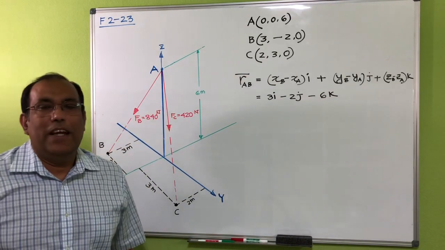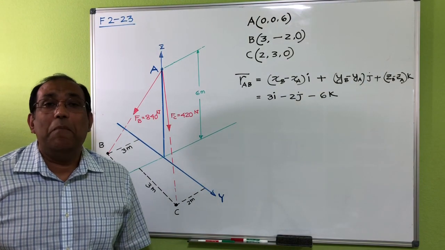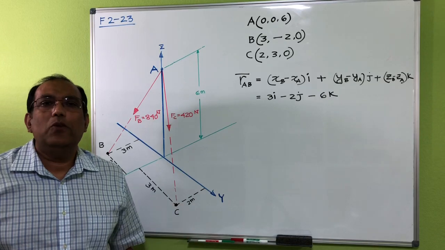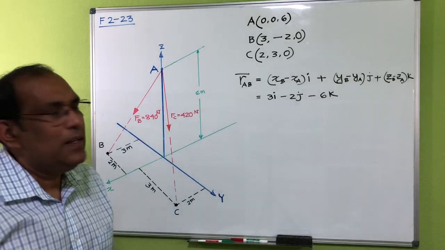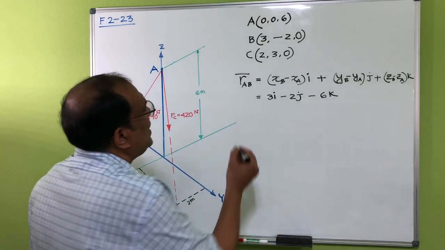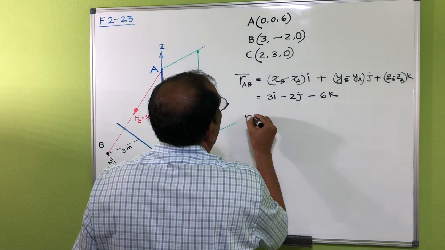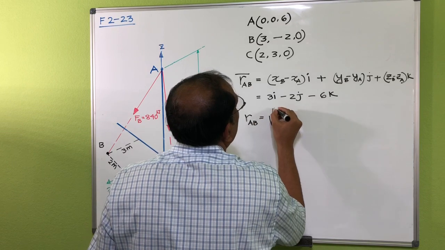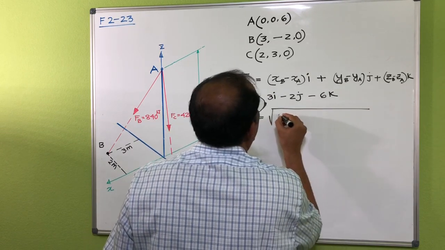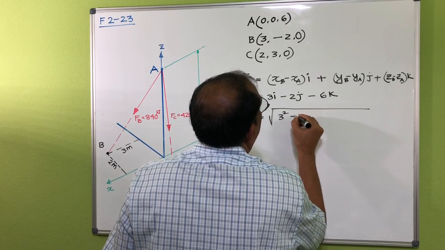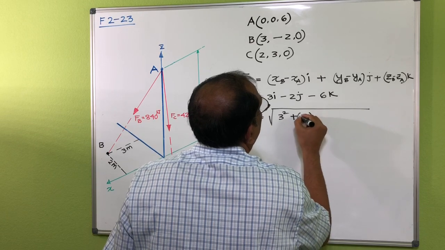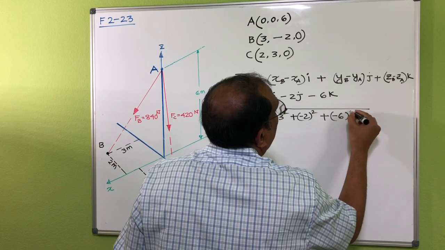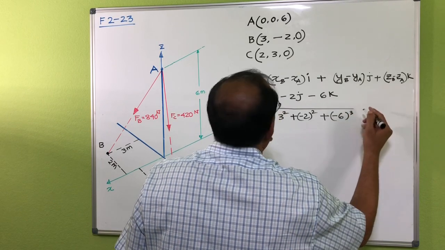Once we get that vector, we have to find the magnitude of that vector so that we can express it as a unit vector. So we need our RAB, the magnitude of that vector, which is actually 7.